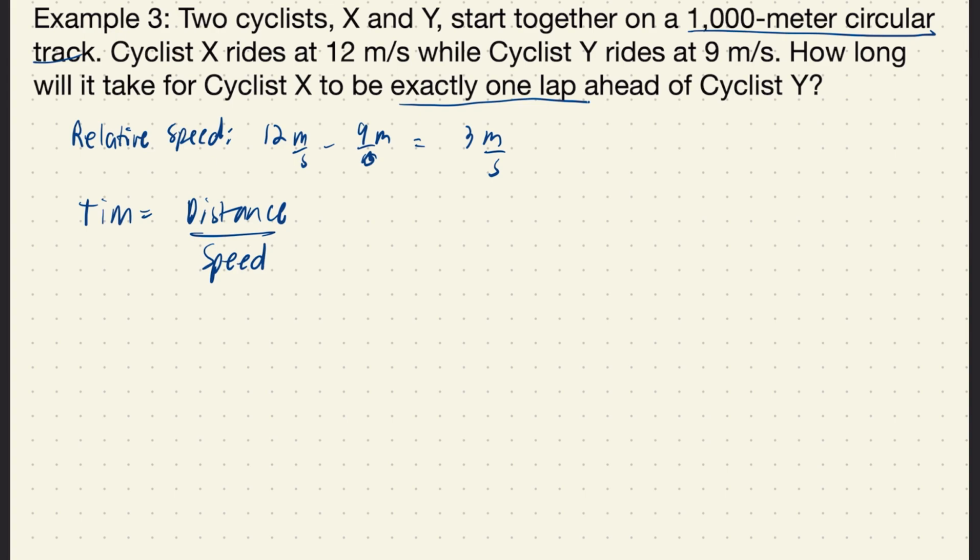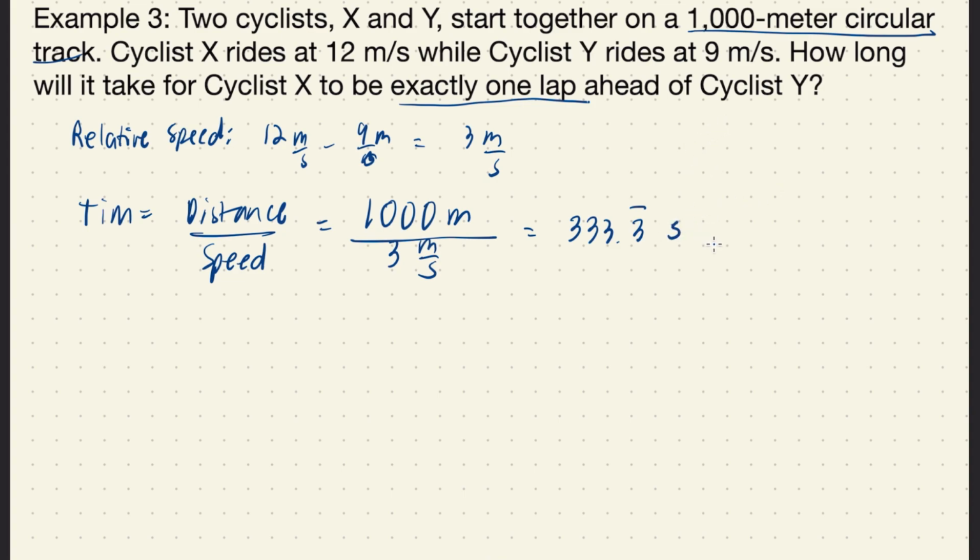Okay? So to solve for the time, we will use the speed as the relative speed, 3 meters per second. And the time to cover is 1,000 meters. That will be their distance to make it 1 lap ahead of the other. So, with that being said, 1,000 divided by 3, that's 333.3 seconds.